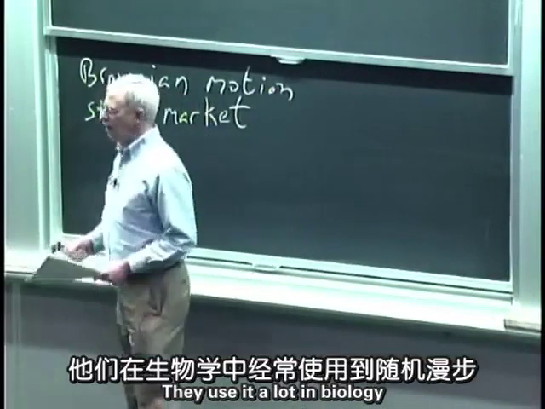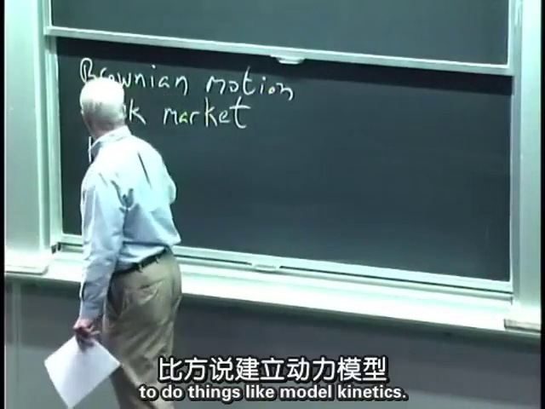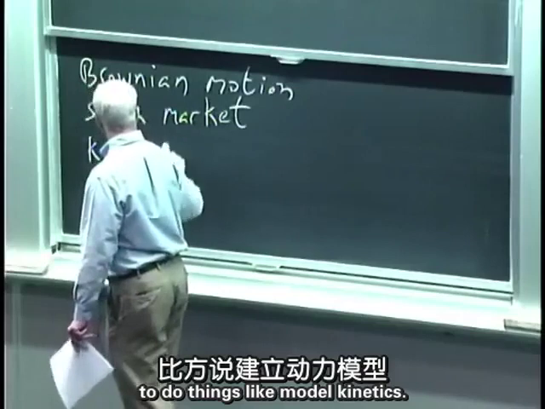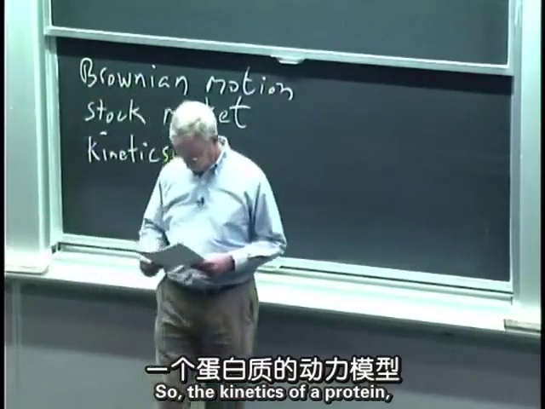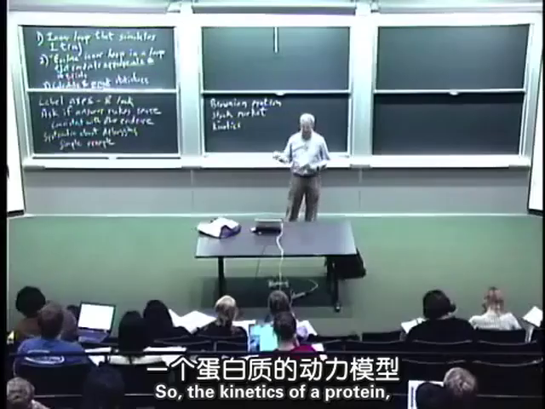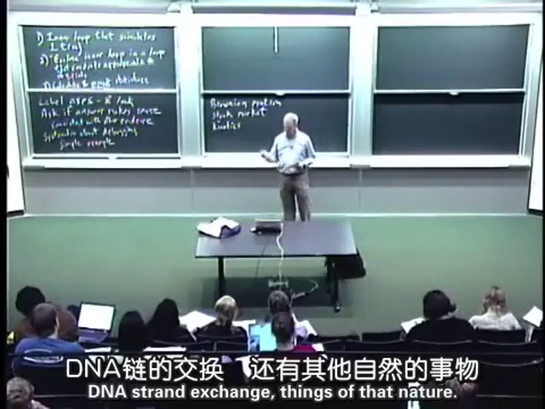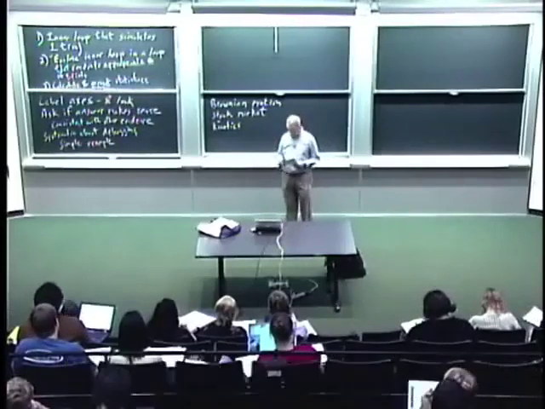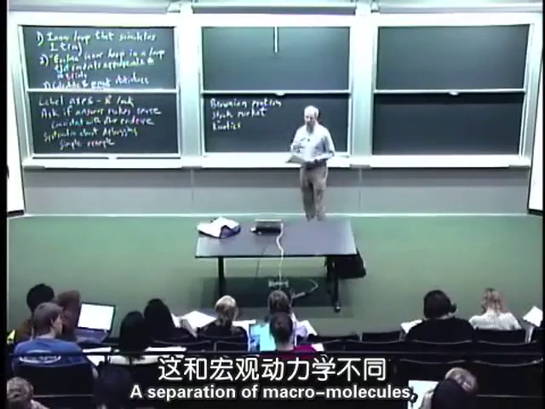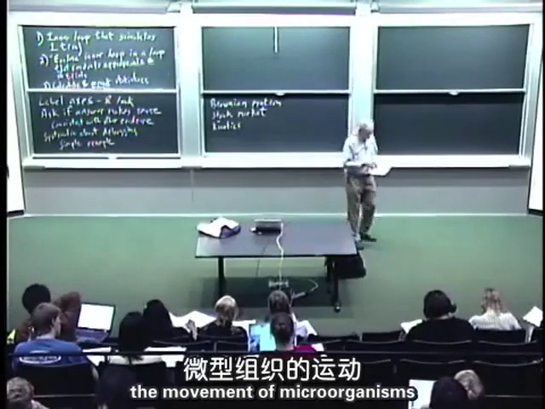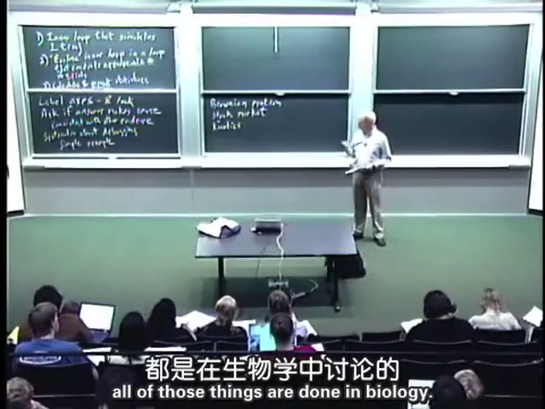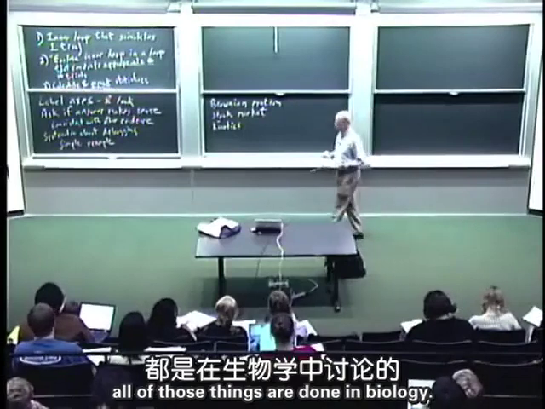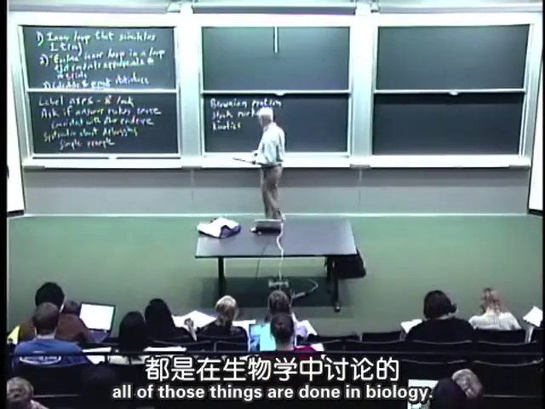They use it a lot in biology to do things like model kinetics. So the kinetics of a protein, a DNA strand exchange, the separation of macromolecules, the movement of microorganisms. All of those things are done in biology.